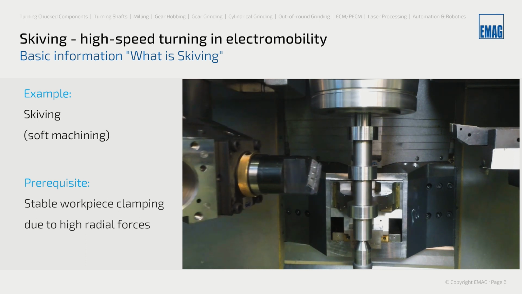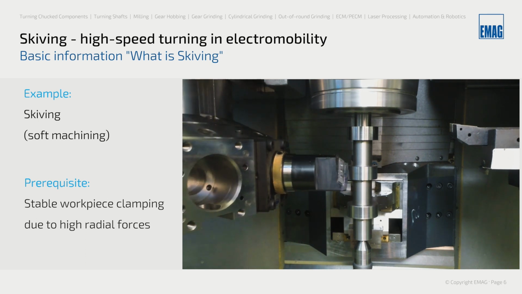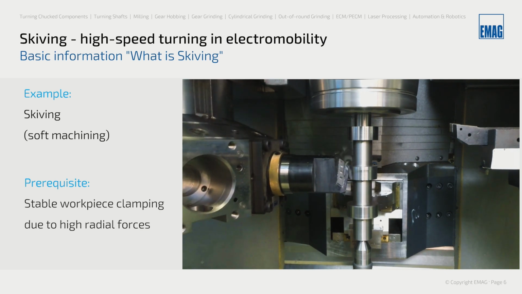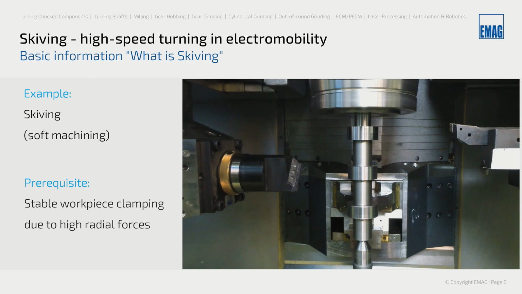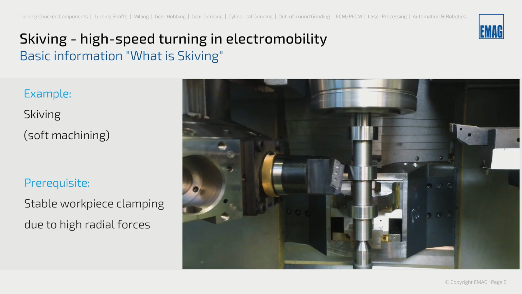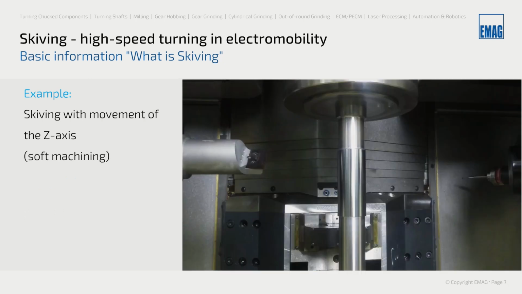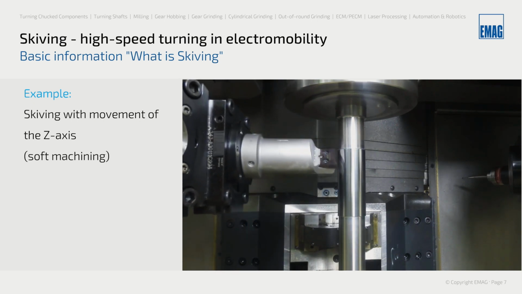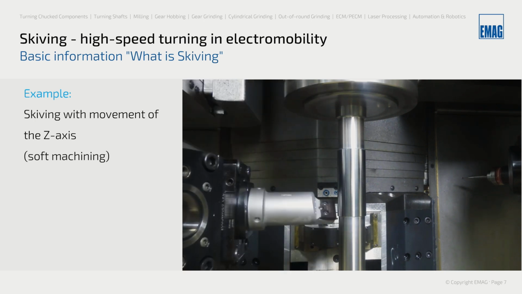Here you can see that the insert is moving in the y direction, and you can see the moving contact point at the cutting insert. The next page shows a video with additional set movement. It's needed if you have to produce a longer diameter, but then it is not lead-free.